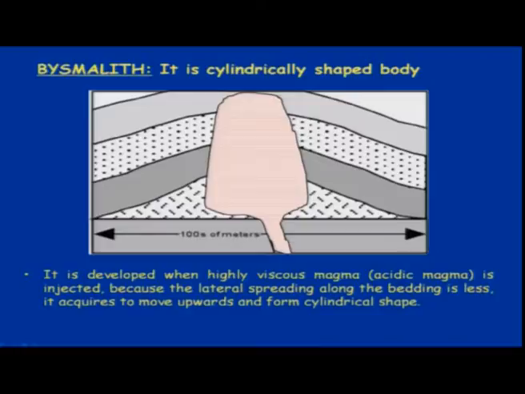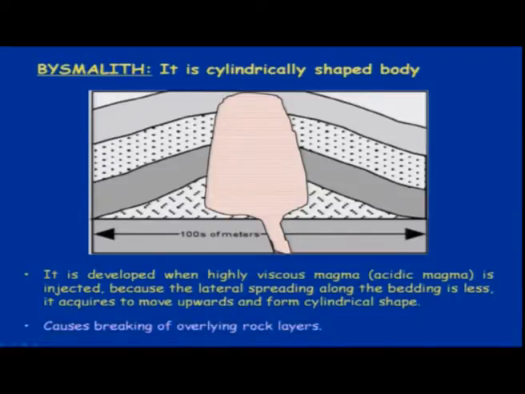Mostly it is developed when highly viscous magma, which is acidic in nature, is injected below because of lateral spreading along the bedding, and it needs to move upward and form a cylindrical shape. So, this is the body which is termed as bysmalith.